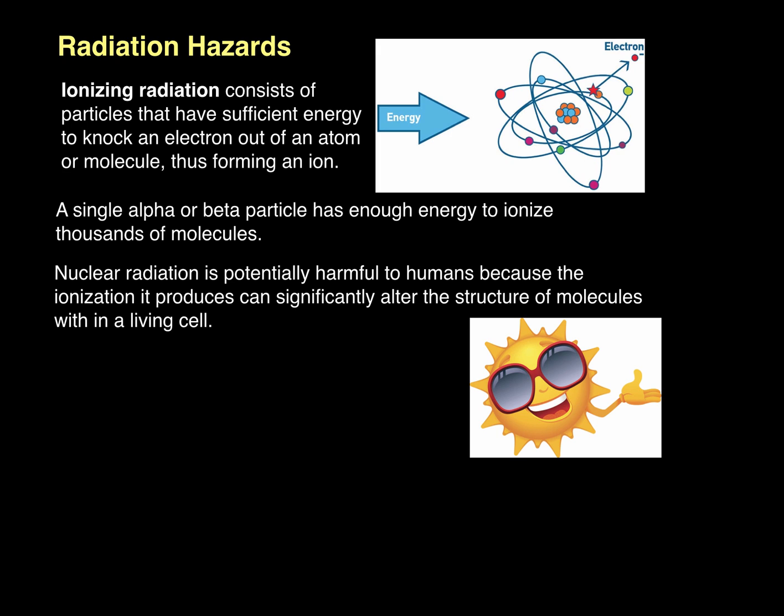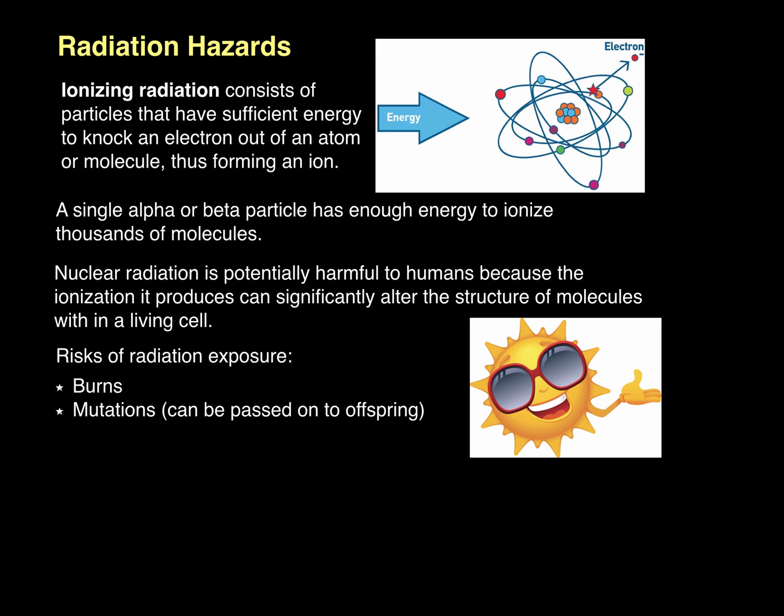Even sunlight contains enough ionizing radiation to affect your body and cause skin cancer. The risks of radiation exposure include burns, mutations in the DNA in your cells, which can be passed on to offspring, cancer, radiation sickness, and death.